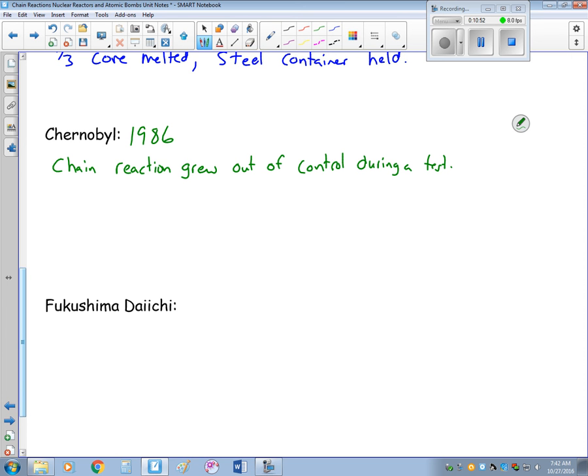And what happened was heat from this reaction then turned the water into steam and made a steam explosion. The carbon from the moderator caught on fire, and we believe about 5 to 30% of the fission fragments were carried away by smoke.